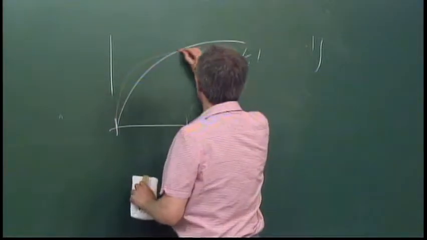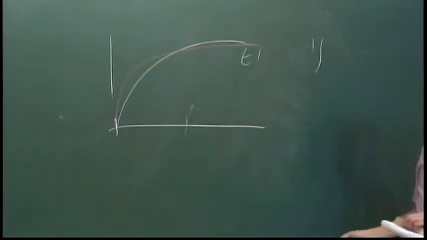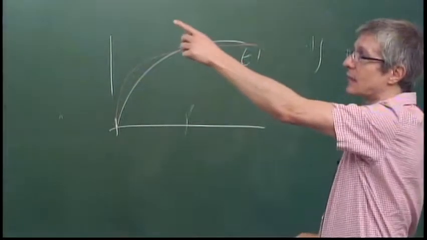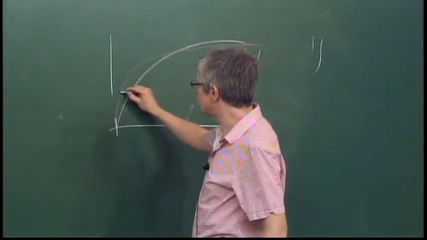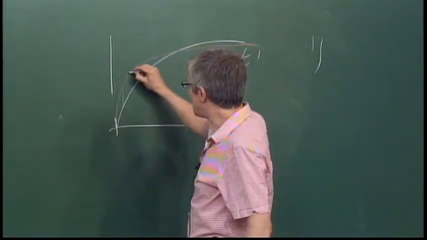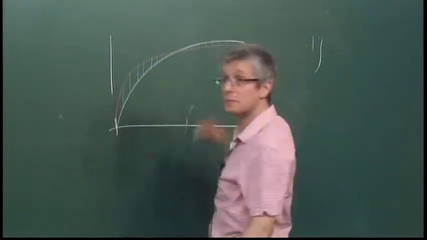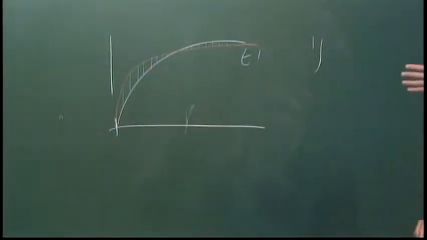Imagine that we have these two functions, the white one and the red one. So this is essentially measuring the integral of f minus g. For every value of z, we measure the difference between the two functions and take the integral of all this.